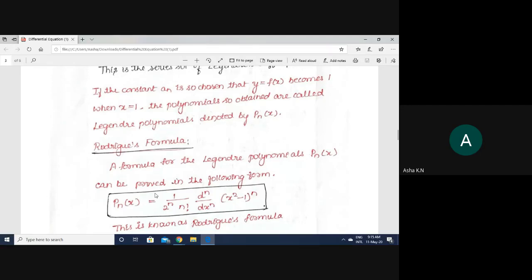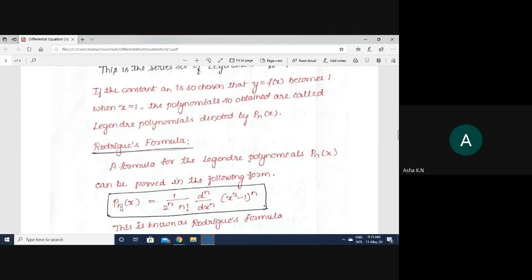We can prove that it is in this form. Actually, we have P naught of x is something, P1 of x is something, P2 of x is something, etc. In general, for Pn of x, this is the formula. In some problems we need in particular P naught of x, P1 of x and so on.